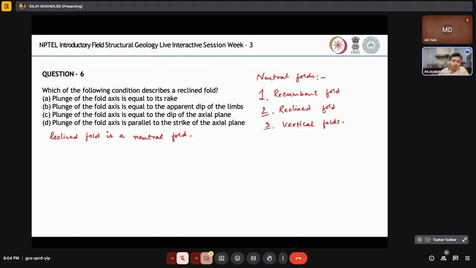So if I just draw what a recumbent fold is, I would get a stereonet like this, where this is the fold axis, and the axial plane is basically the periphery, right? Because it is horizontal. So this is recumbent.